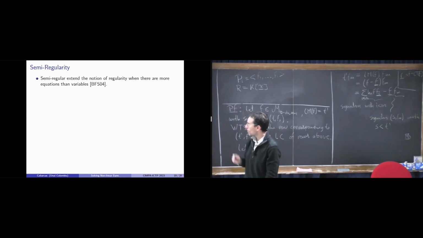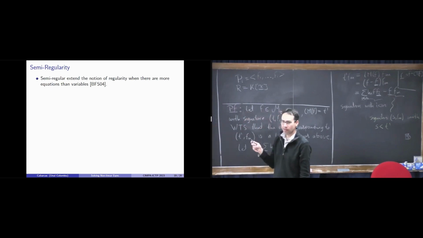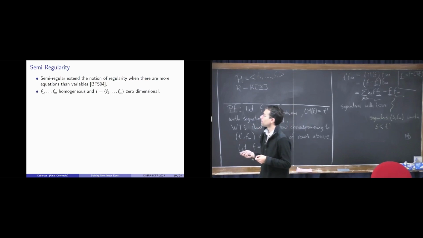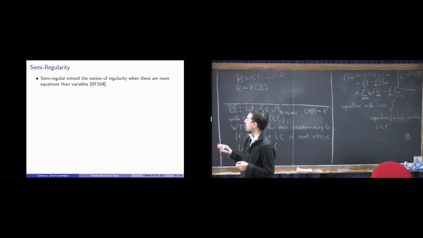Now semi-regularity, the idea of semi-regular, extends this notion of regularity when there are more equations than variables, or when the number of equations and variables is equal. This is due to Bardet and others. Bardet, Faugère, Salvy, 2004.